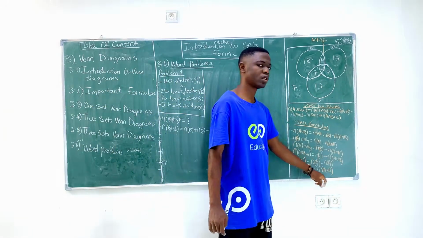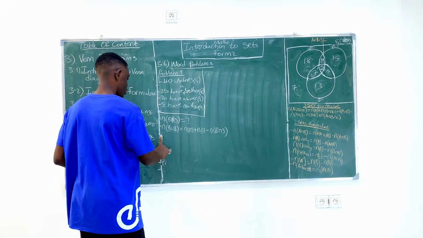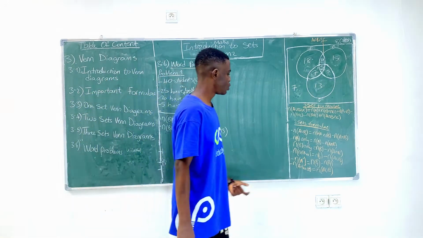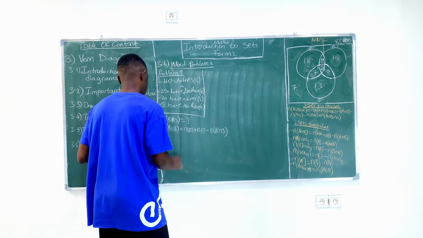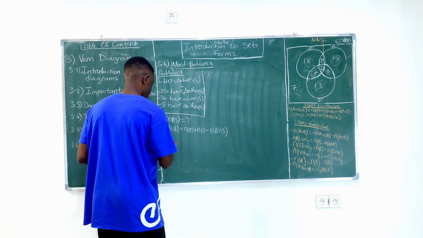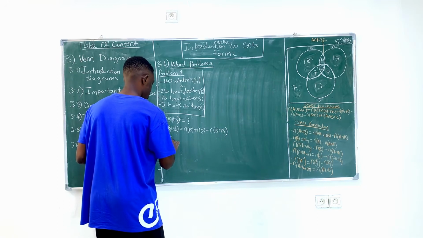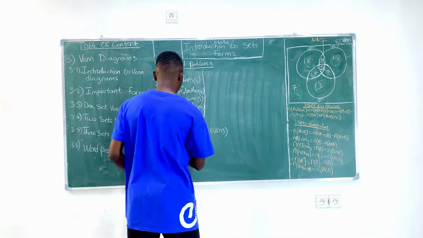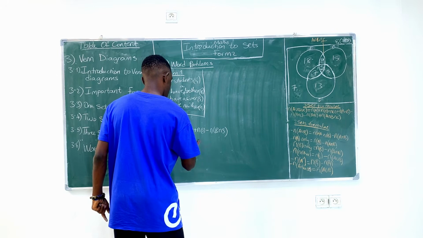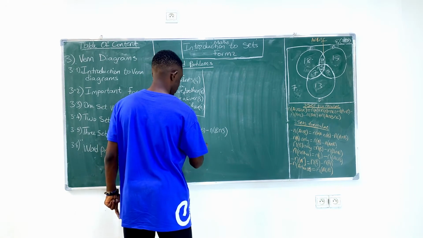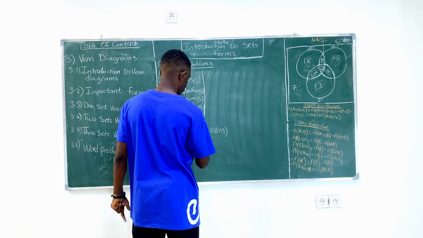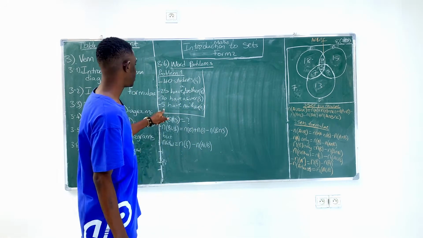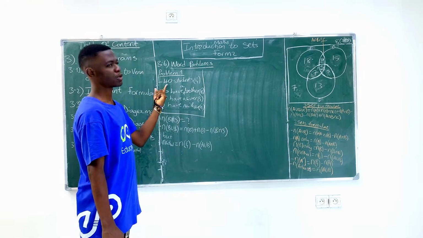Let's use the formula for neither. We already have our neither, which is 5. Neither is equal to n of the sample space minus n of A union B. Your sample space is 40.